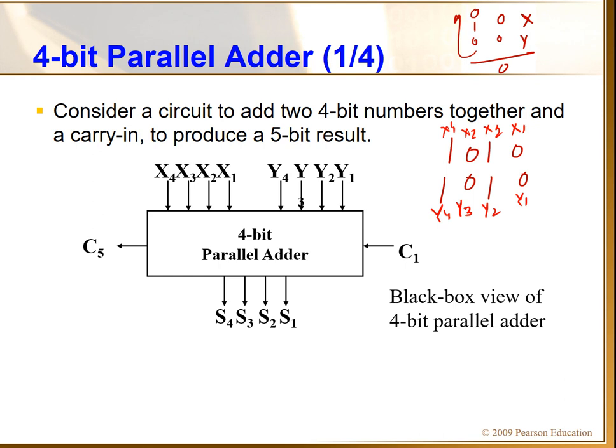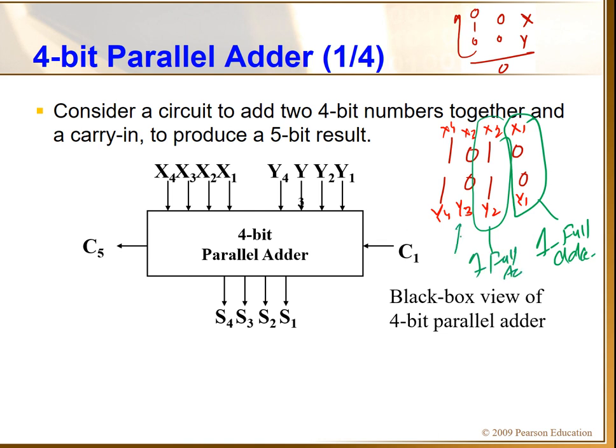So what do I require? If I just want to add the first 2 binary bits, I need one full adder. If I want to add these 2 binary bits, I need another full adder. For this another full adder, and for this another full adder. So if I connect 4 full adders together, I can build a 4-bit parallel adder.